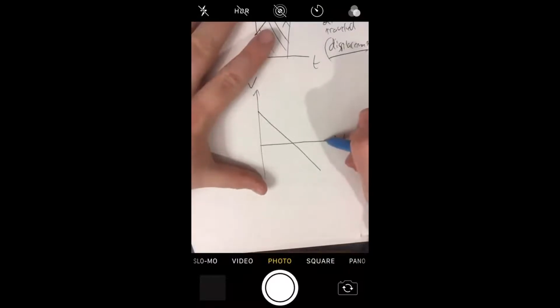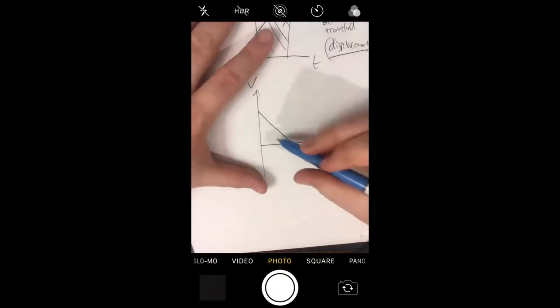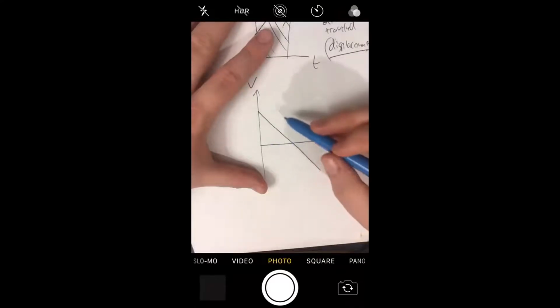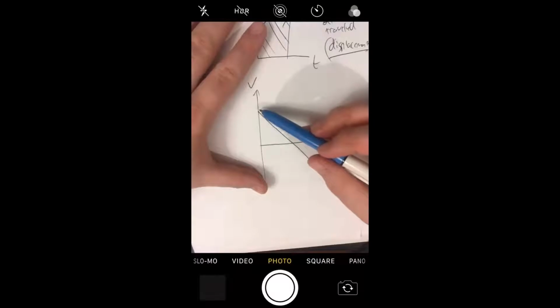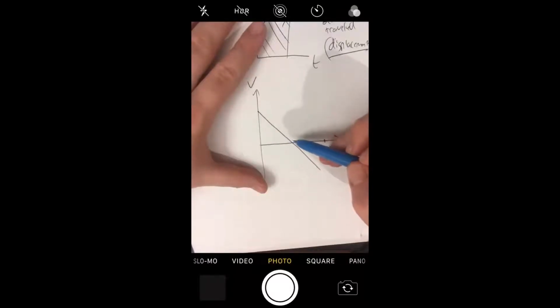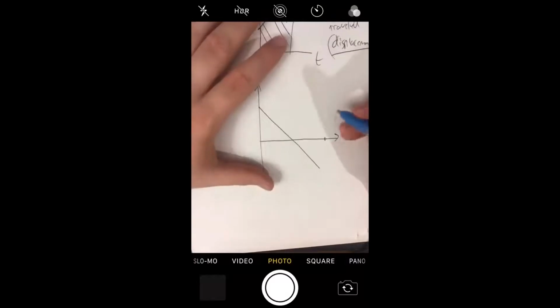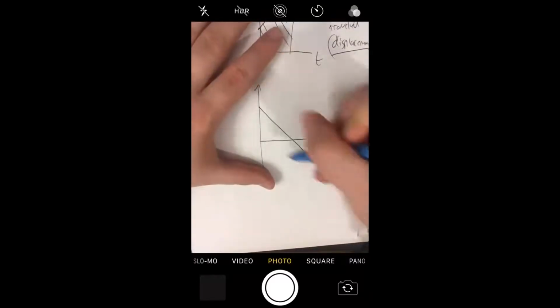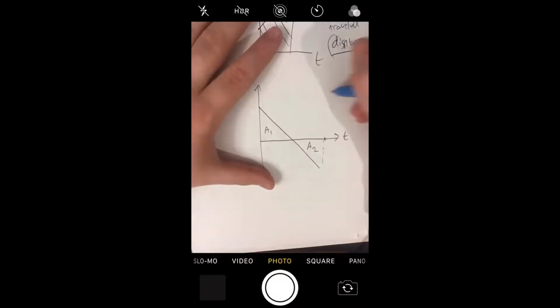If I wanted to know the total distance traveled for this whole journey, so initially the ball or whatever it is moves forwards, it gets slower and slower and slower, and then it stops for a fraction of a second, and then it goes back the other way. If I wanted to find the total distance traveled, I would find the area of this one and add it to the area of this one.